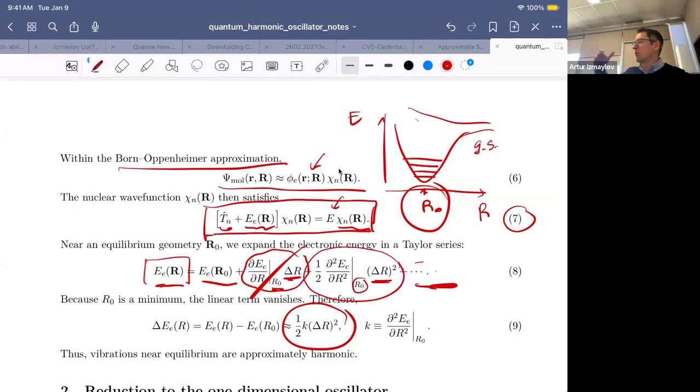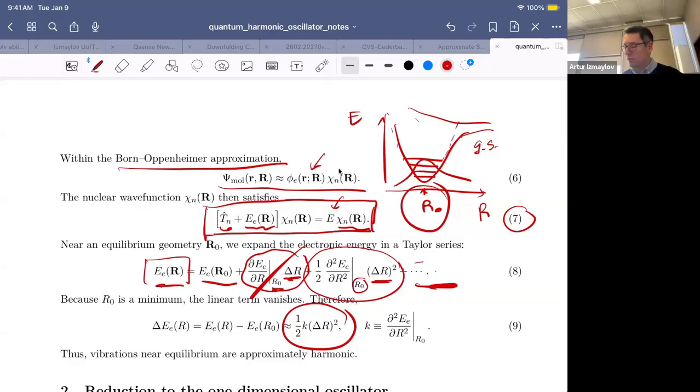The walls are kind of rising, right? And because of that, eventually they will stop the wave function from going out, right? So we will assume that the quadratic behavior near the minimum is adequate to represent the potential. And we'll talk about inadequacies of these approximations later.